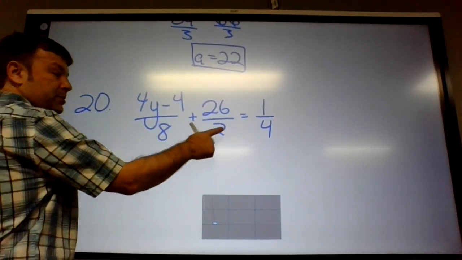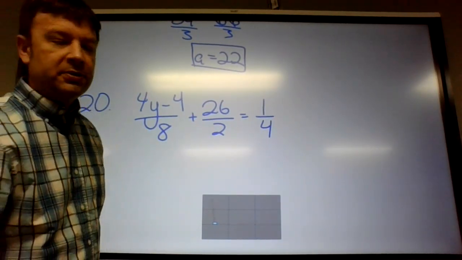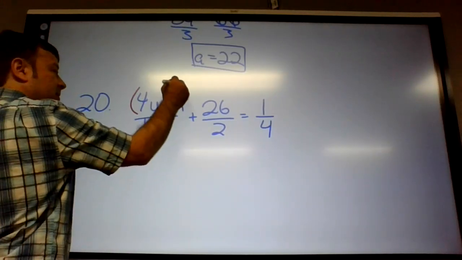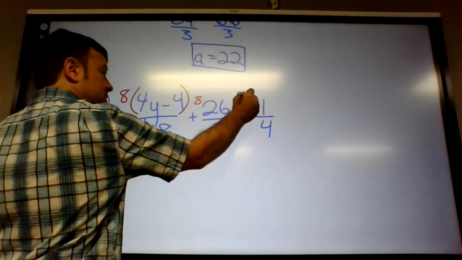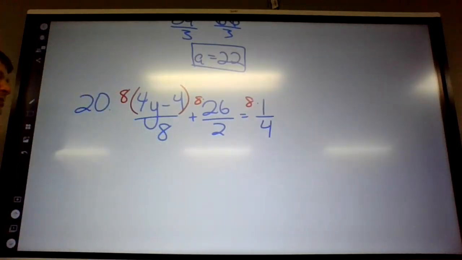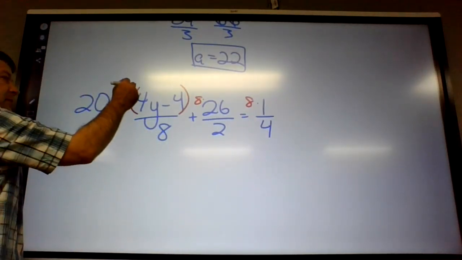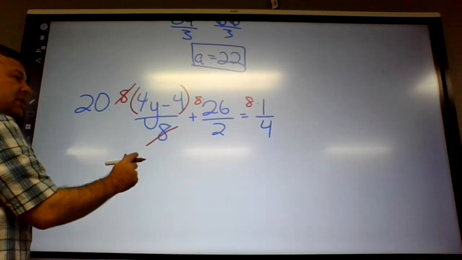So what do 8, 2, and 4 all go into? 8. So I'm going to multiply by 8. I'm going to put it up here in front. So times 8, times 8, times 8. On this first term, the 8's cancel out.